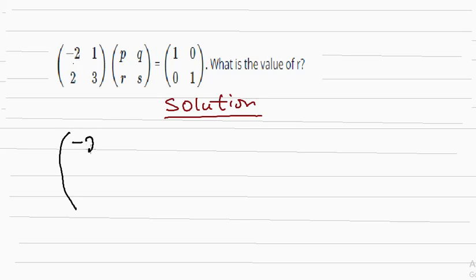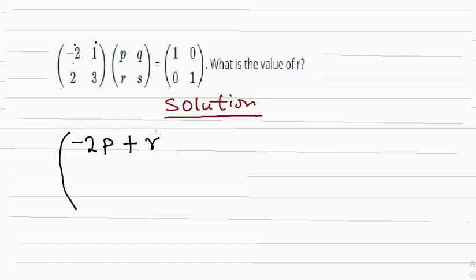That's going to be minus 2 multiplied by p. That's minus 2p. Then, of course, plus 1 in that same row, because the first element of the row goes with the first element of the column, the second element of the row will go against the second element of the column. So that's going to be 1 multiplied by r. That's going to be 1r, just r, okay?